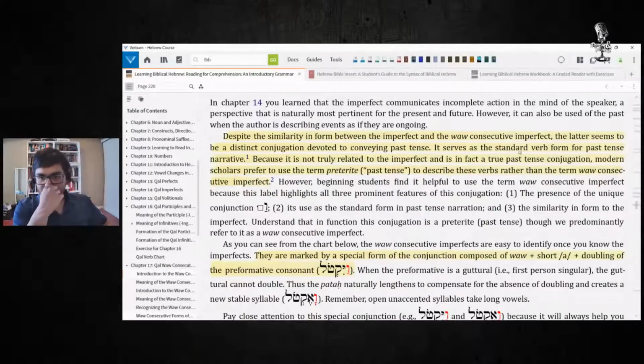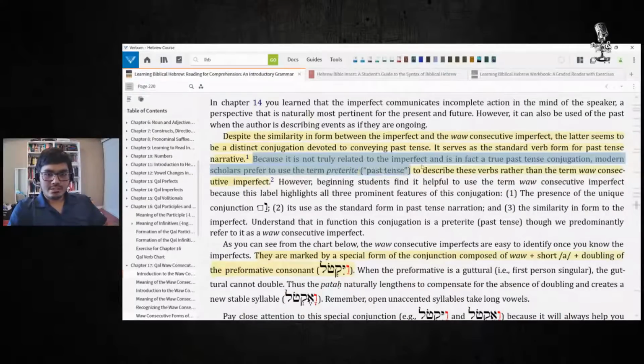It serves as the standard verb form for past tense narrative. Past tense narrative here refers to narrative books that take place at some point in the past. So most of the historical books of the Old Testament, for example, are what you call past tense narrative.